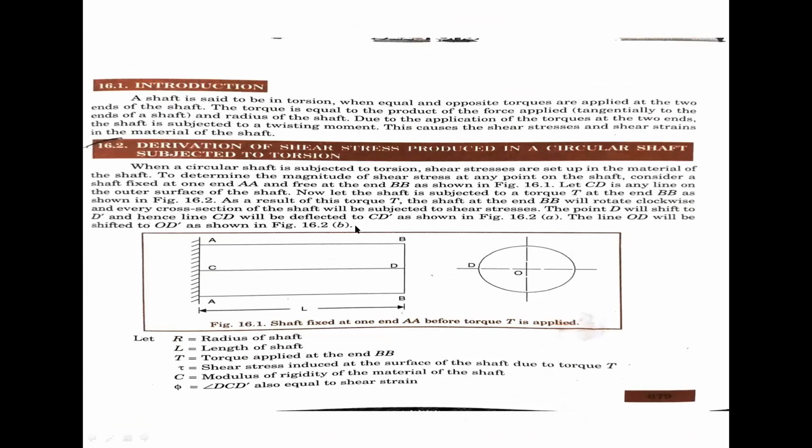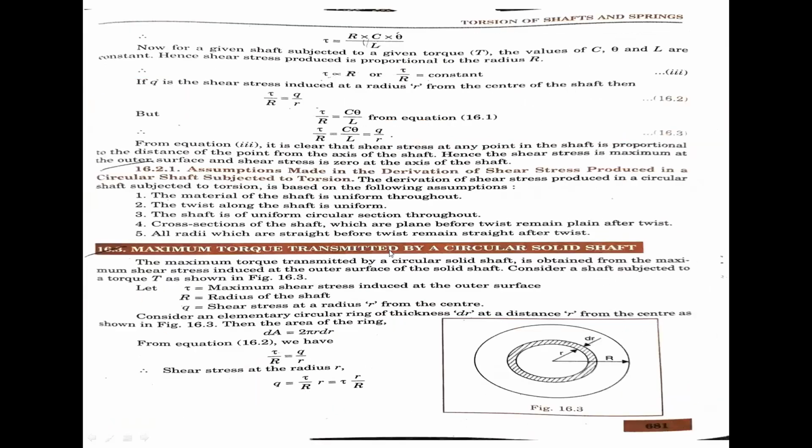For a circular shaft, take one end fixed and the other end free. When the moment is applied, shear stress is developed. Finally we got the equation tau by R equal to C theta by L equal to q by small r, which is equation 16.3.